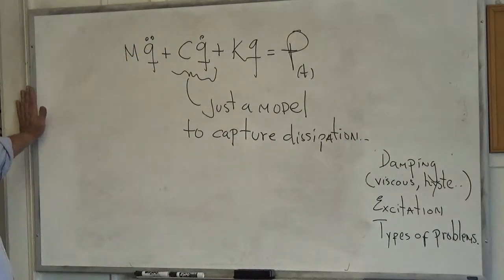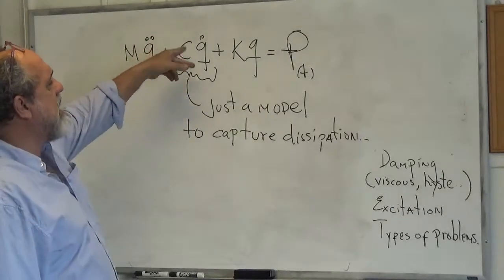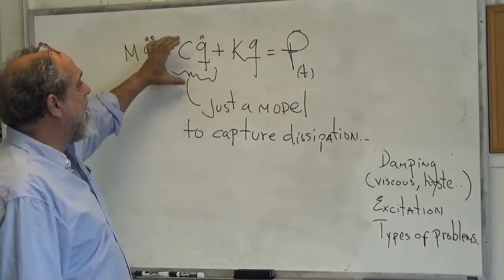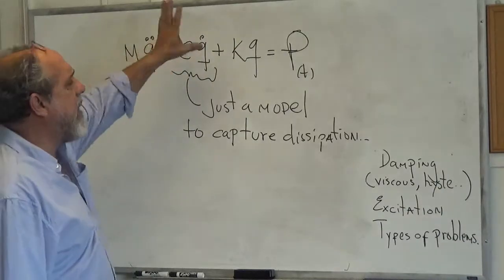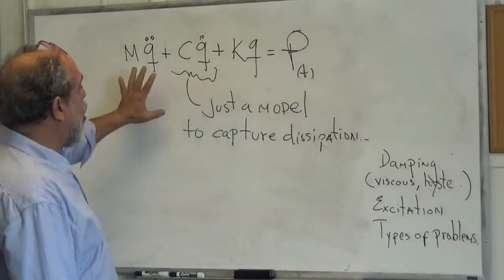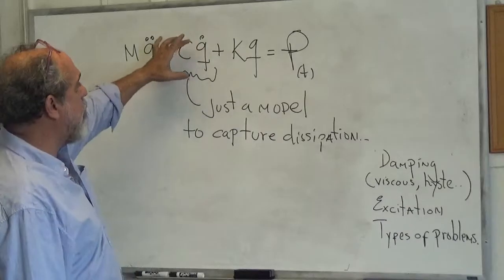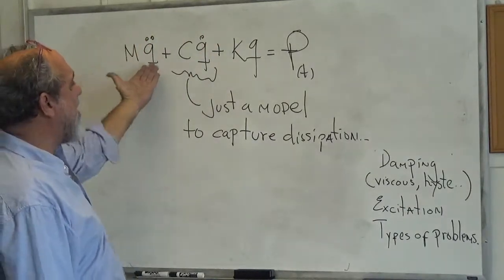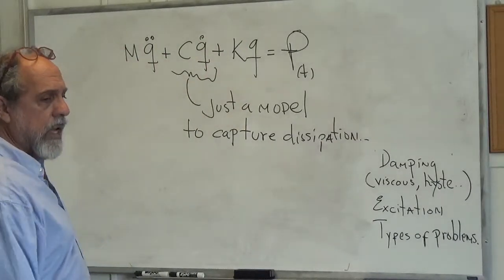Now, one thing that becomes immediately obvious is that you might say, why don't you use maybe c q dot squared, which might be better? Well, maybe it is better in some cases, but if this is q dot squared, or the square root of q dot, or something else, the equation becomes much more complicated to solve. So one of the very important reasons why we use viscous damping c q dot is because it makes the mathematical solution of the resulting differential equation simple.